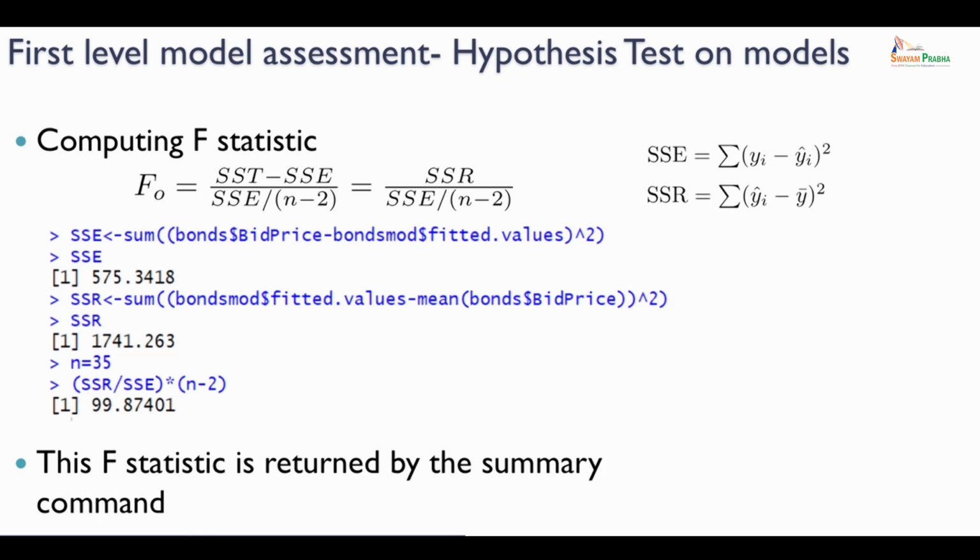Now, let us do a hypothesis test on the model. To do so, we use the F statistic. So, let us go back and revisit what the F statistic is. The F statistic is nothing but the sum squared regression divided by its degrees of freedom, over the sum squared error divided by the degrees of freedom for the denominator. For the sum squared regression, we know it is of the form summation of yi hat minus y bar the whole square.